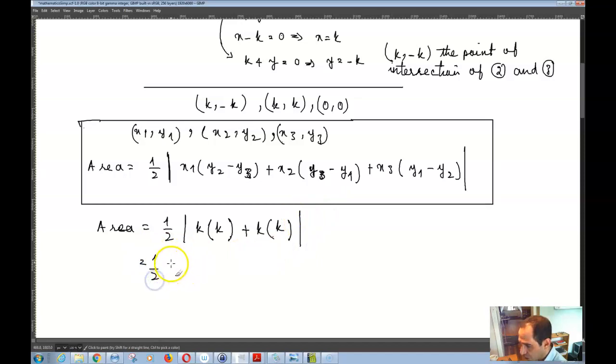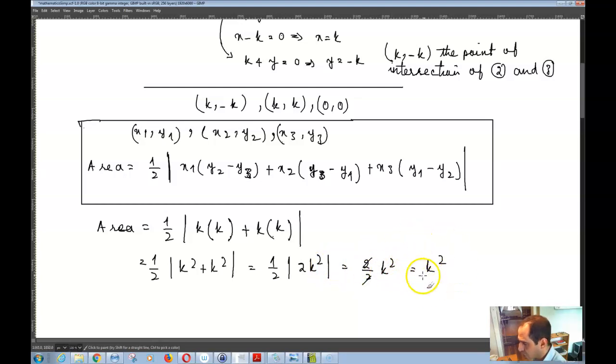So then you have 1/2 of basically k squared plus k squared, which is equal to 1/2 of the absolute value of 2k squared, and that is equal to, well, you can just simply take the 2 out, and of course k squared you can take out, both are positive values anyway, so that is 2/2 k squared, and 2 and 2 you can cancel out, which is equal to k squared.